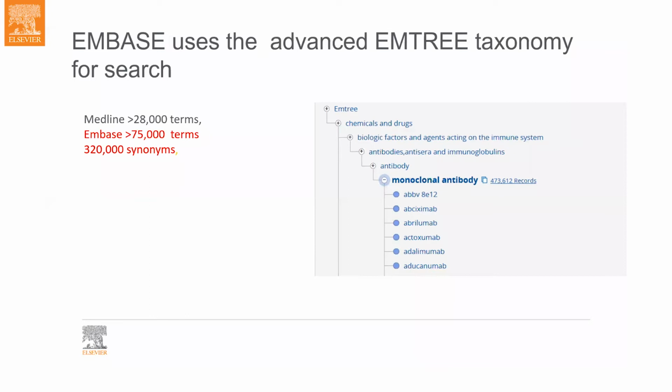Also, Embase has a lot of synonyms. It's also a very big difference compared to Medline, Google and other databases. For example, if you enter the words heart attack into Embase, the taxonomy does not miss entries like myocardial infarction.